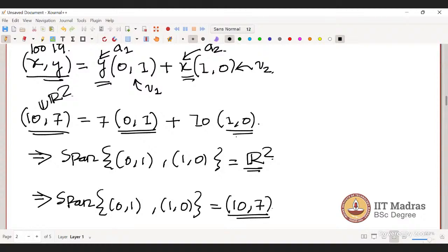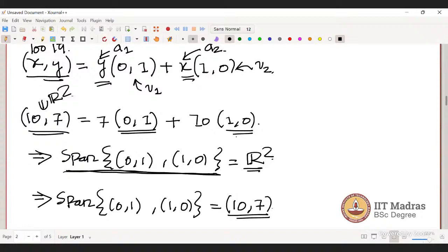Span means you are taking all the possible linear combinations. You are taking this set, and when you say (0, 1) and (1, 0) span something, it means all their linear combinations.